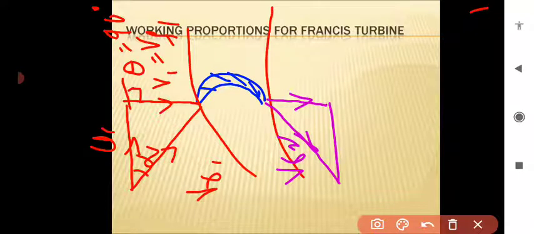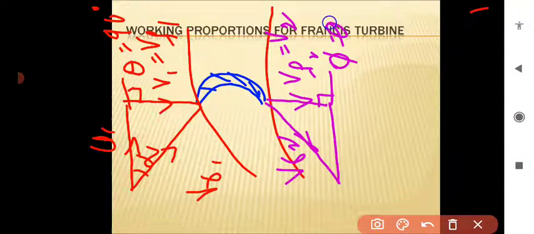That is equal to V2. So it makes an angle phi. Phi is also 90 degrees, and this makes an angle beta. So this is u2. This is the velocity triangle.